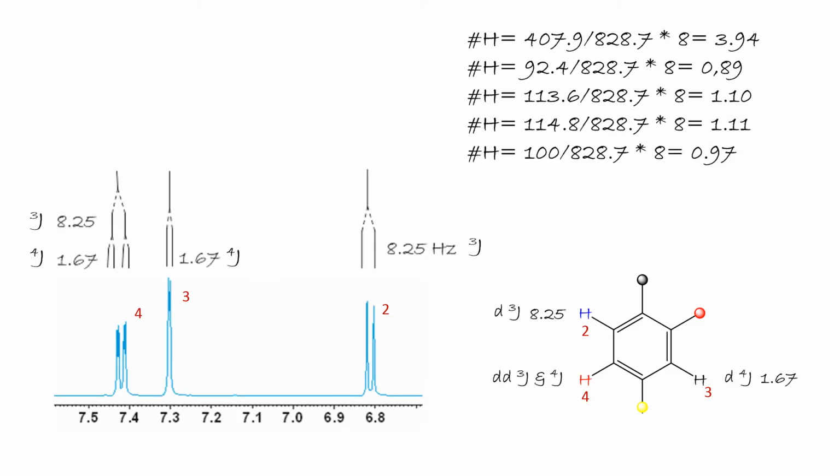For the integration, the first peak is around 4 hydrogens. We summed the integration under the peaks, a total of 8.7, and the integration for the first peak is 4.07. Dividing by 8.7 and multiplying by 8 protons in our structure C8H8O3, so we have 8 hydrogens.